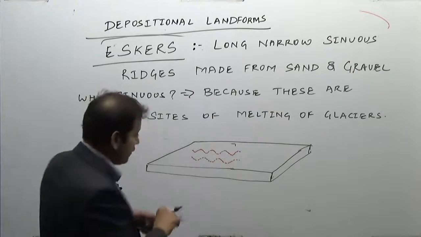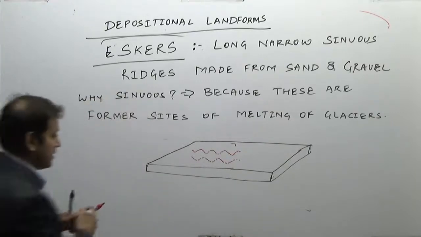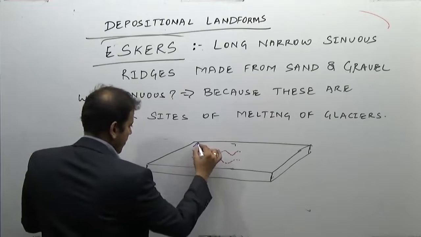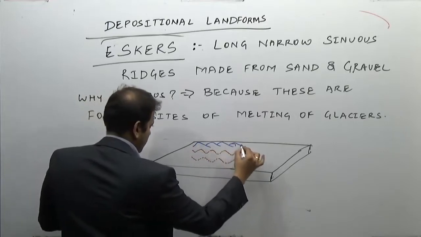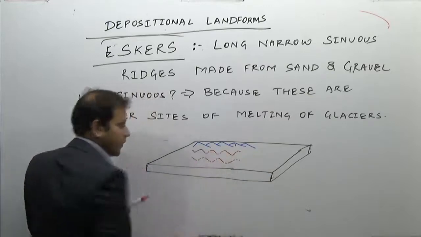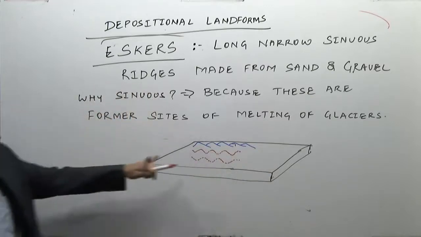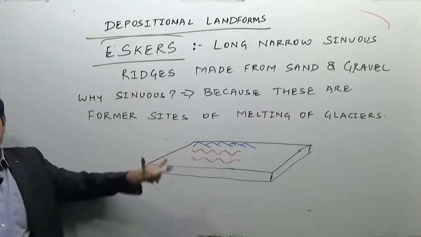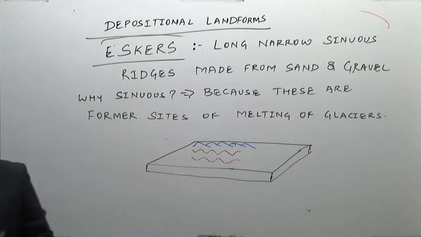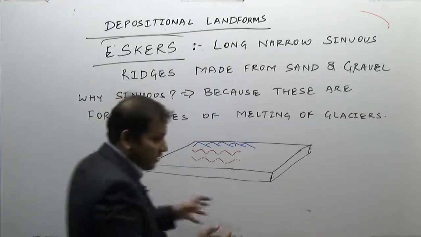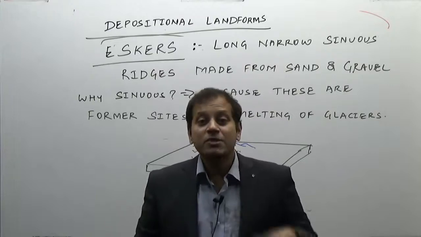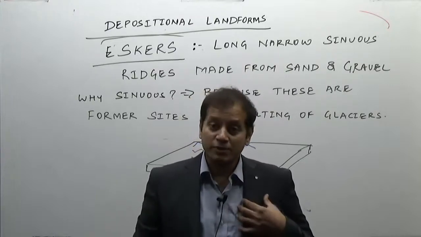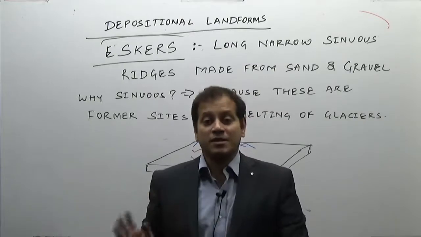While the other kind of topography which we did was drumlins, elongated whaleback hummocks. So such narrow meandering ridges are known as eskers. See, as I told you, such topographies are hard to imagine because we live in the tropical region and we have not seen such kind of topography.